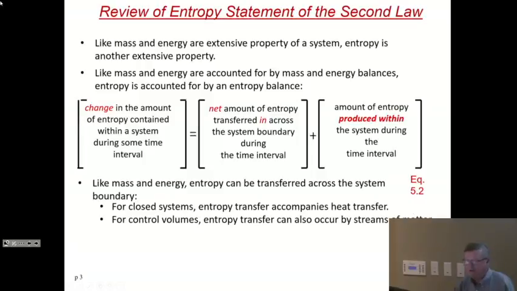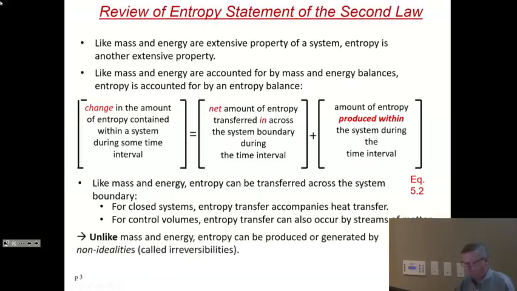So just like there's a work theorem, there is an entropy theorem. Now, unlike mass and energy, entropy has a third term, which is the entropy produced and generated by non-idealities or irreversibilities in the system.